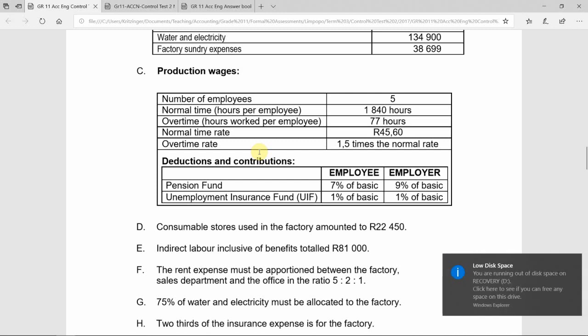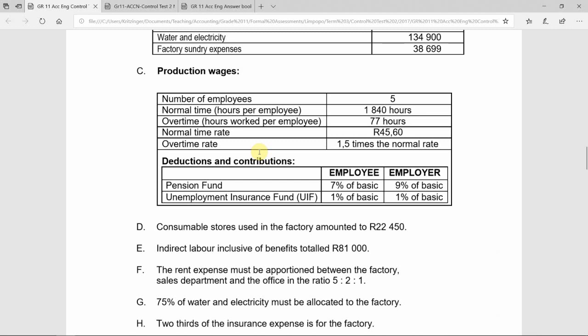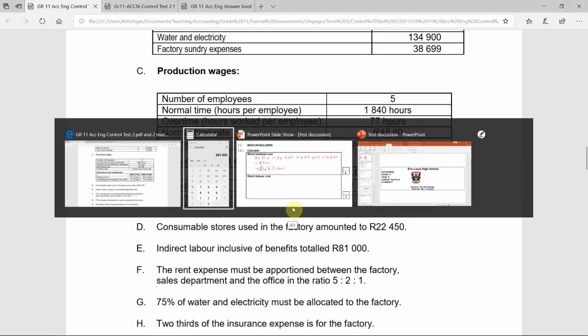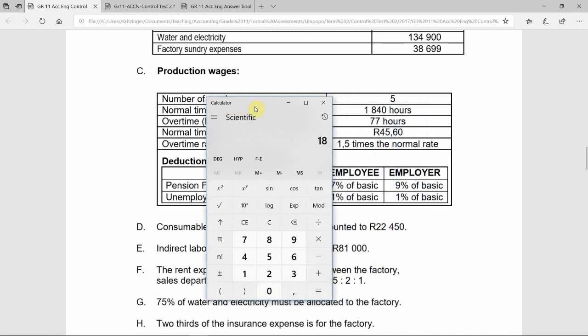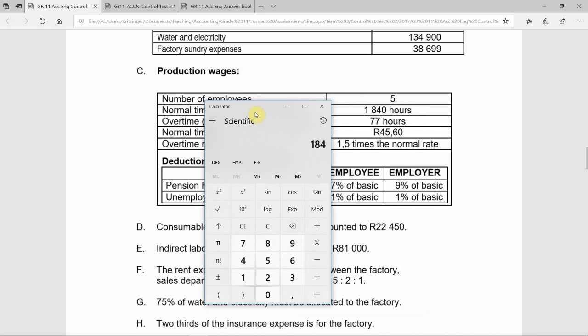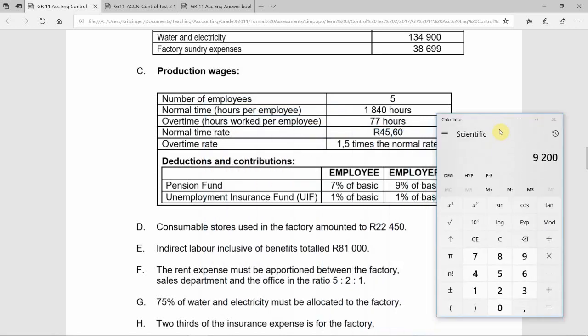So now we have 5 employees. Their normal hours per employee is 1,840 hours. So we can take the 1,840 and multiply that by 5 to get the number of hours. So we have 1,840 hours times 5 employees. So we have 9,200 hours.